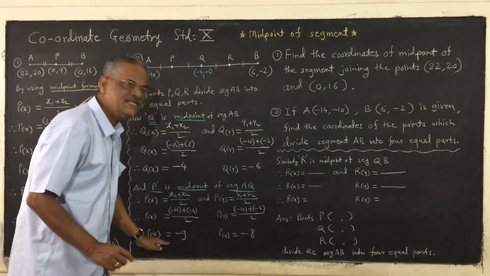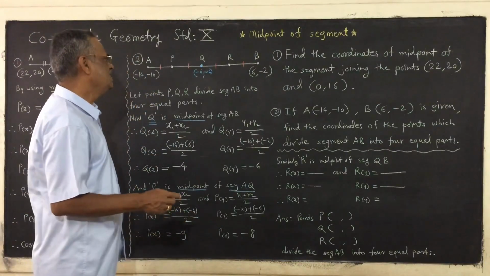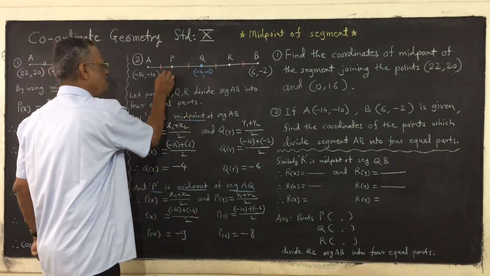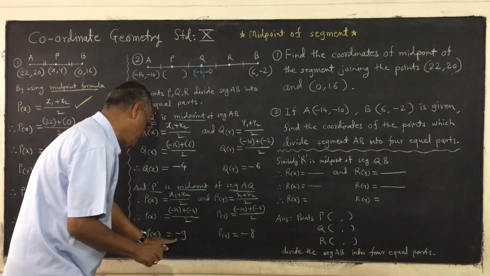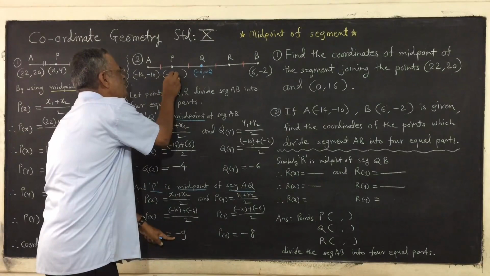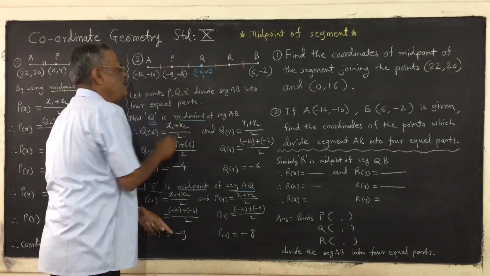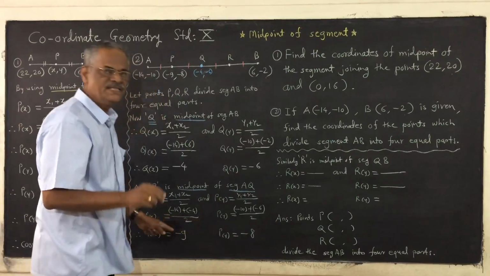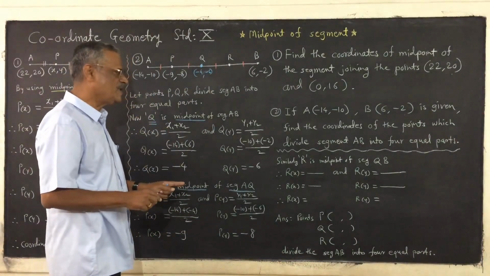So we get the coordinates of point P, using the same method: minus 9 and minus 8. We are calculating the coordinates of the midpoint using the proper formula.